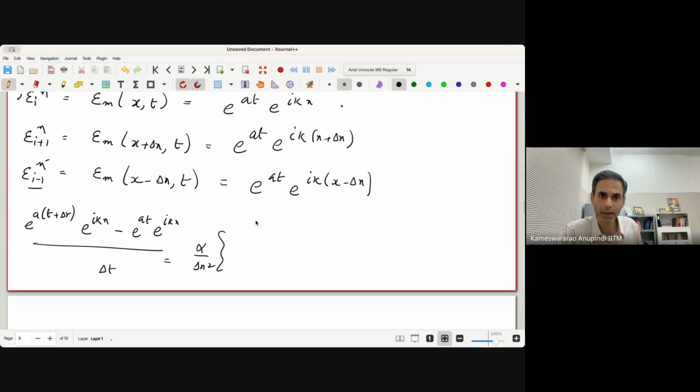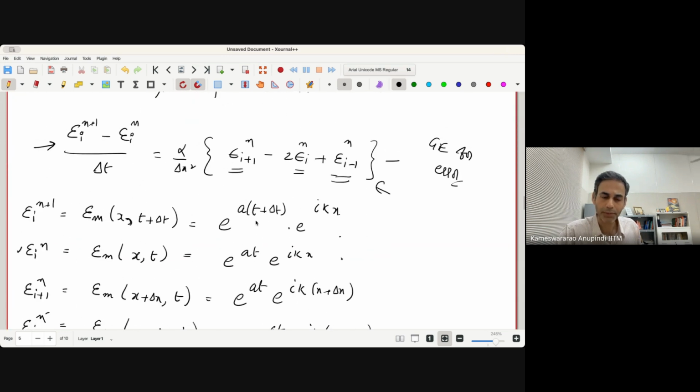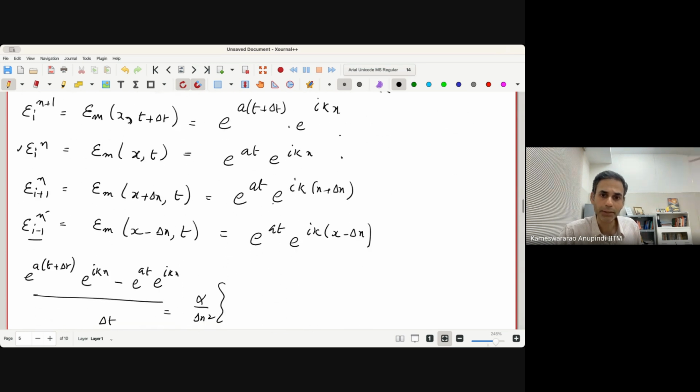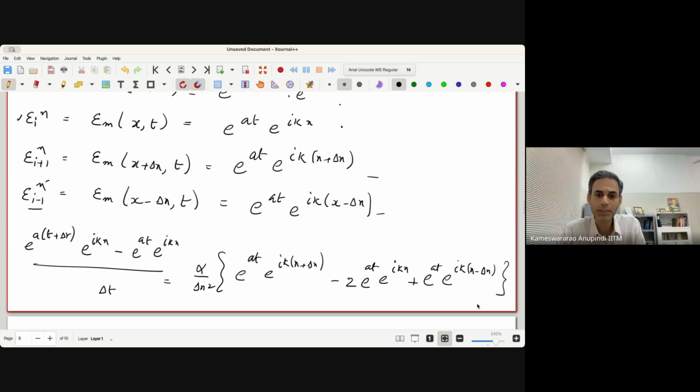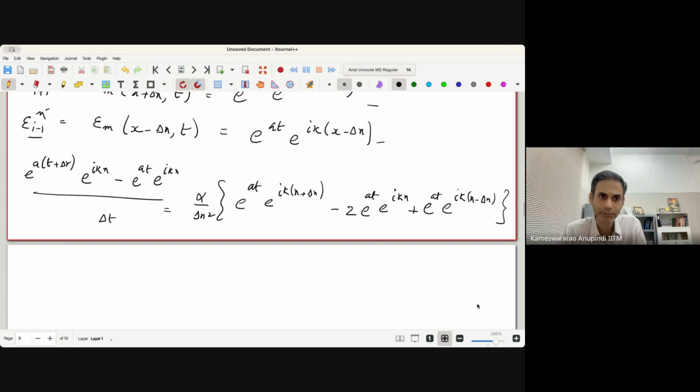On the right hand side, I have epsilon i plus 1 n, that is e to the power at, e to the power ik(x plus delta x), minus 2 times epsilon i n, that is e to the power at, e to the power ikx, plus epsilon i minus 1 n, that's going to be e to the power at, e to the power ik(x minus delta x). Okay, so this is the equation I have.